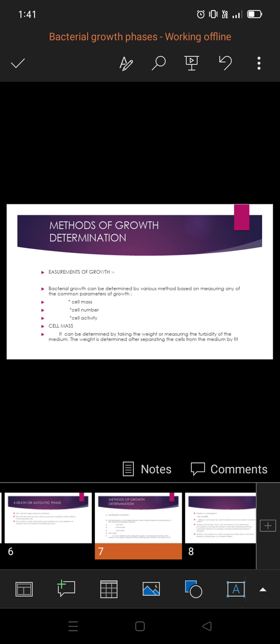Next one is cell mass. The cell mass of a bacterial culture can be determined by taking the weight or measuring the turbidity of the medium. The weight is determined after separating the cells from the medium by filtration or centrifugation.